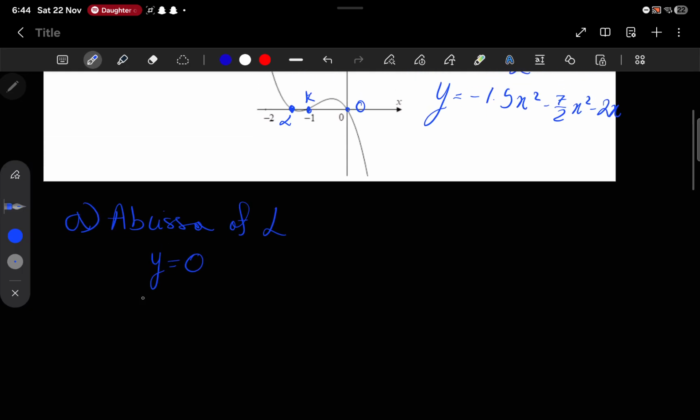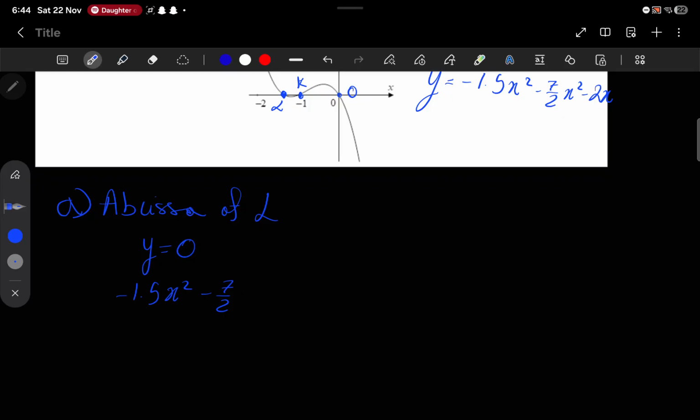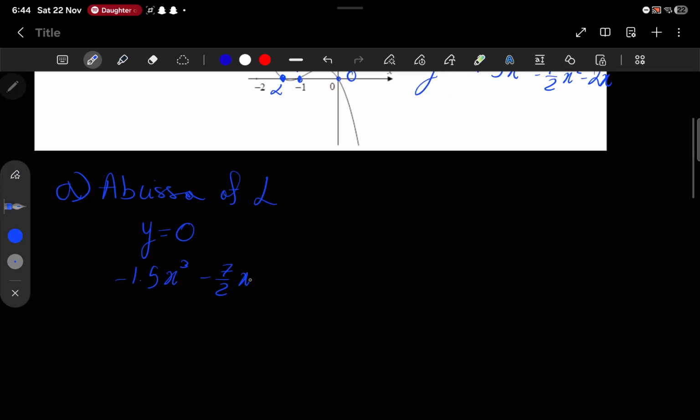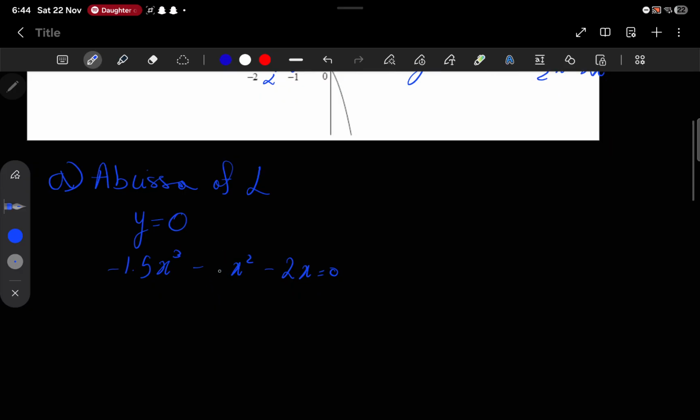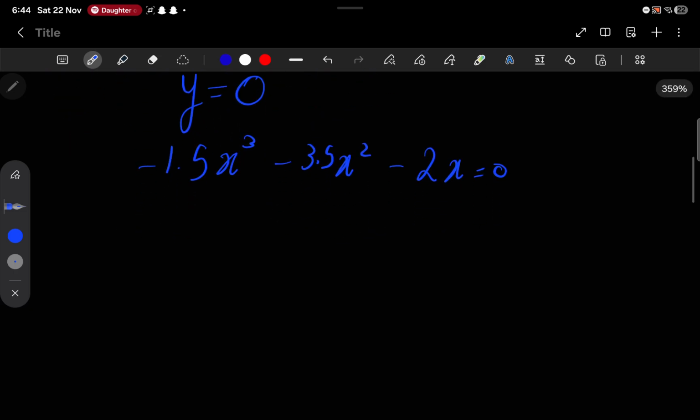So, negative 1.5 x cubed minus 3.5 x squared minus 2x is equal to 0. Let me change this to decimal. Now, you can do this on the equation solver, mode 5.3.